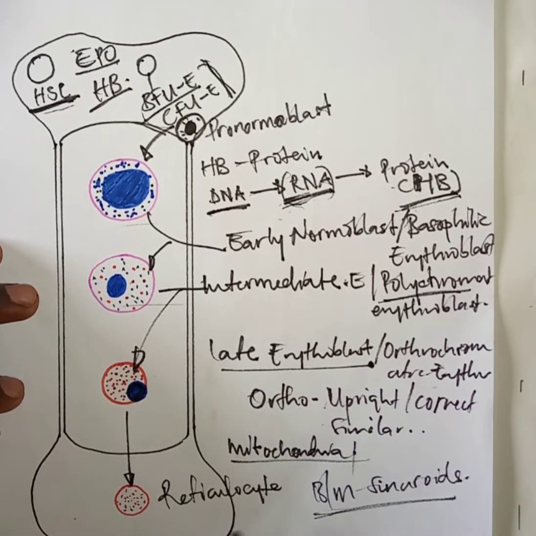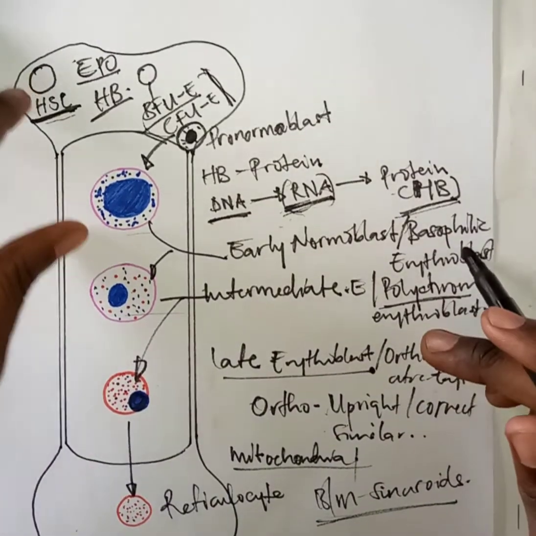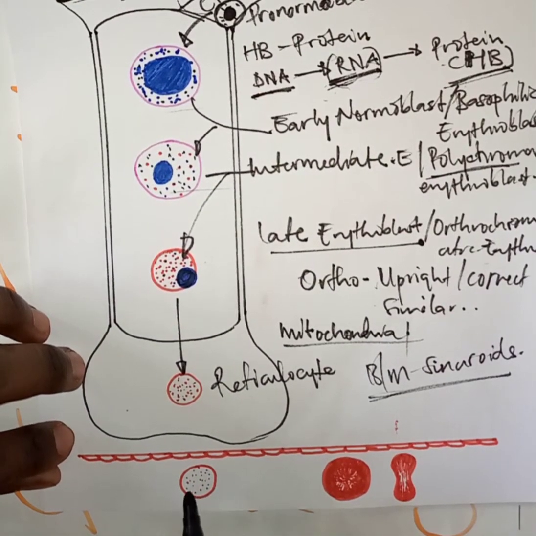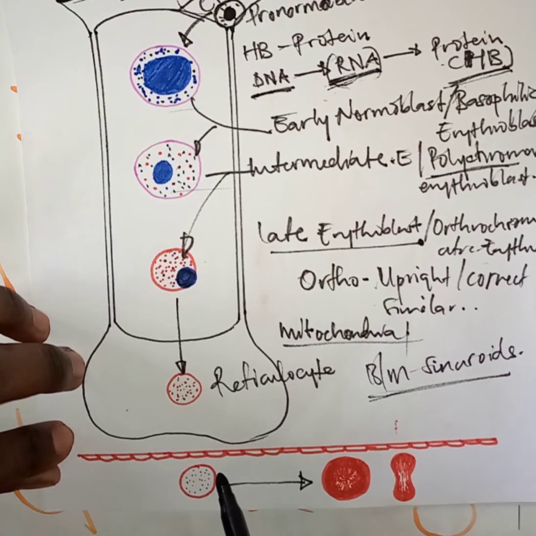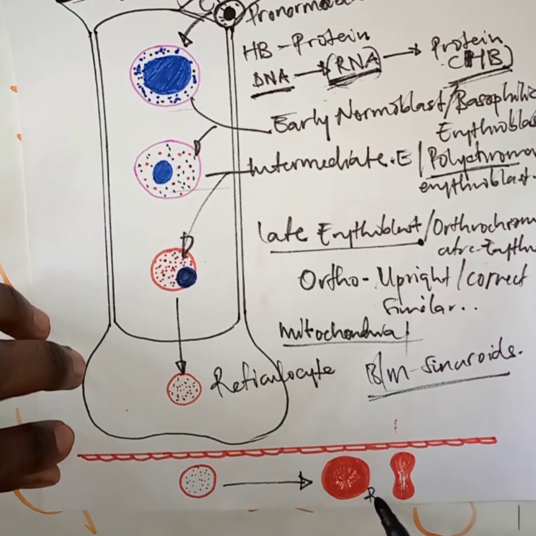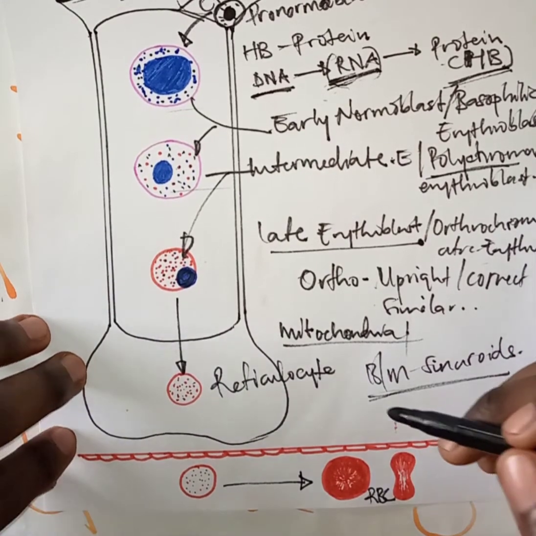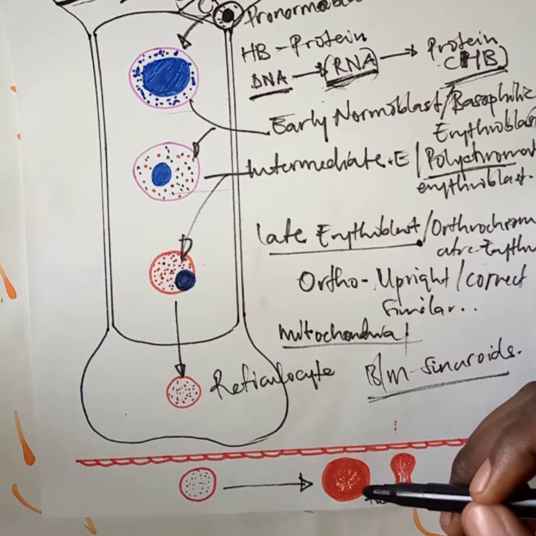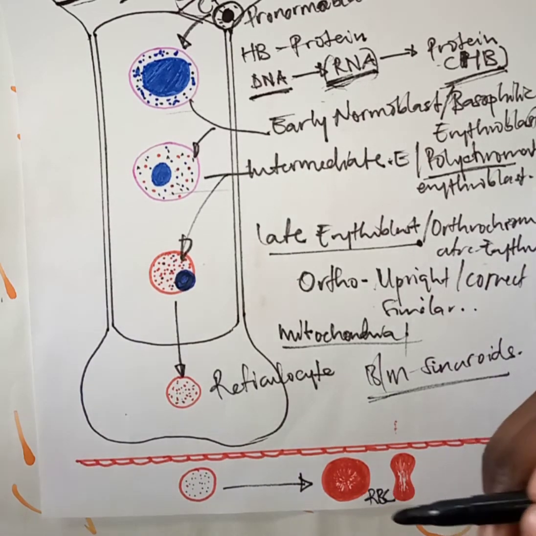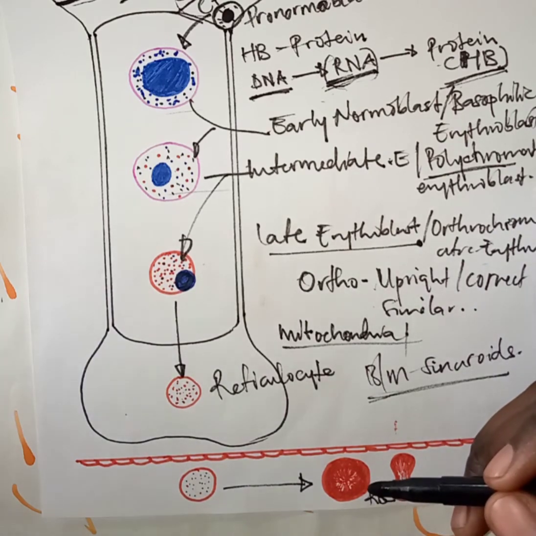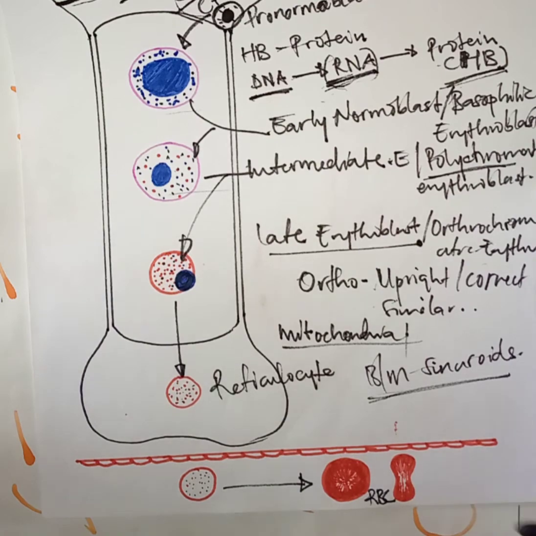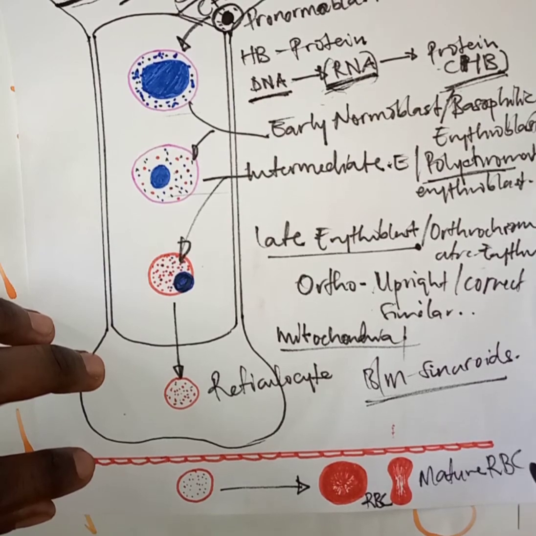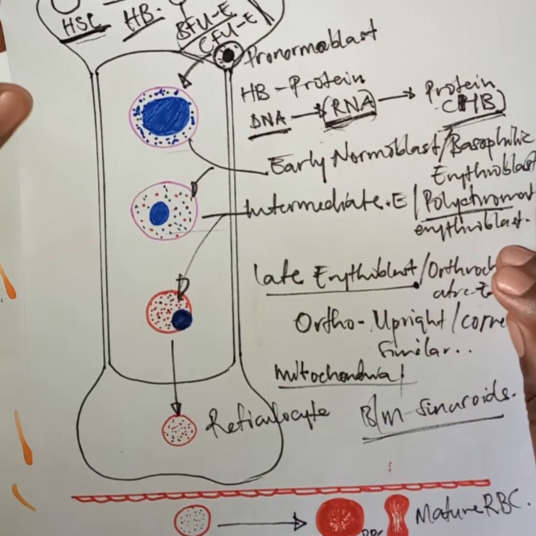So the bone marrow sends the reticulocyte into circulation, and in a few hours of the day, the reticulocyte will develop into a mature red blood cell, which has its hemoglobin in it without the nucleus, and it is not basophilic in staining because the RNA is now all used up and we have formed our protein, hemoglobin. This is now the mature red blood cell.